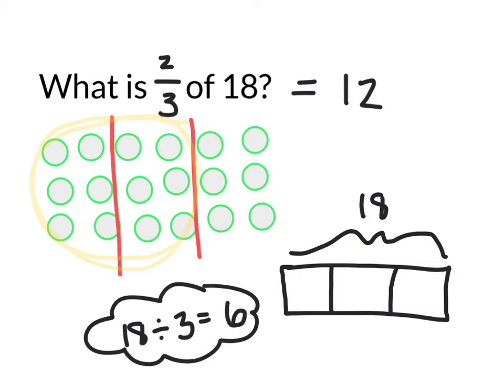So each unit would be 6. 18 divided into 3 pieces is 6. Since I am giving away 2 units, or 2/3, 2/3 of 18 is 12. So there we go. 2/3 of 18 equals 12.